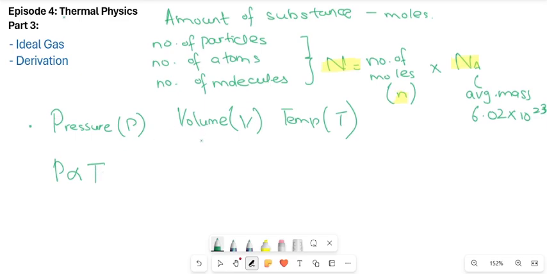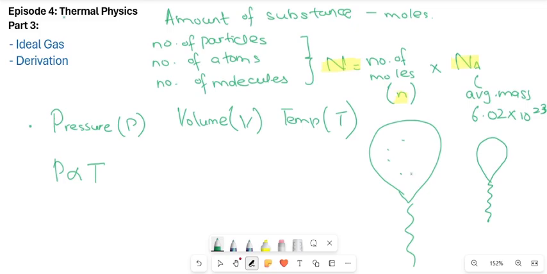What about pressure and volume? Volume is how much space it takes. If you have a huge balloon like this, with a lot of volume, the particles have a lot of space, so they're not going to collide with each other as frequently as they would if the balloon is this small.